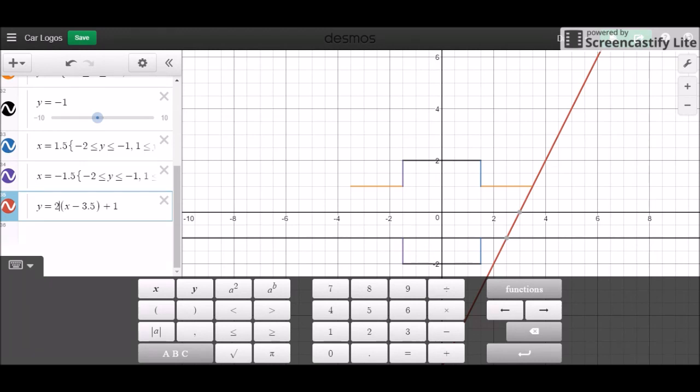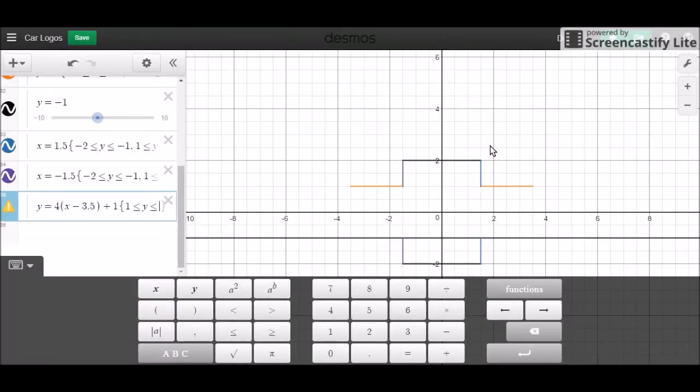I want to change the slope to the diagonal shape that I like. I like this one. I want to make it from y equals 1 to y equals -1 to y equals positive 1.